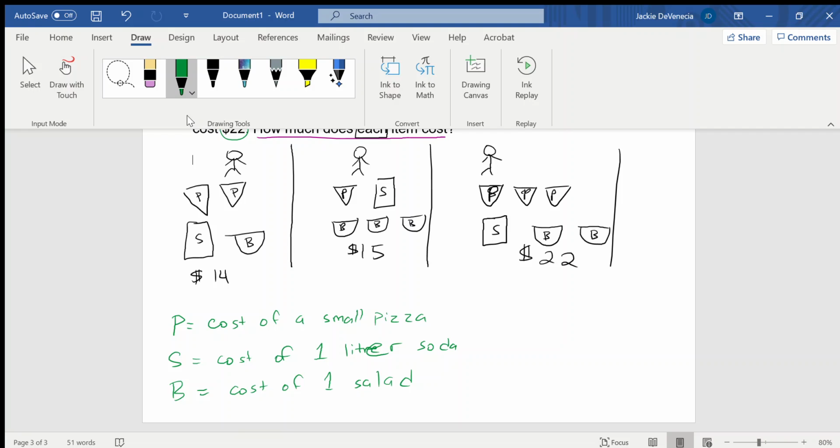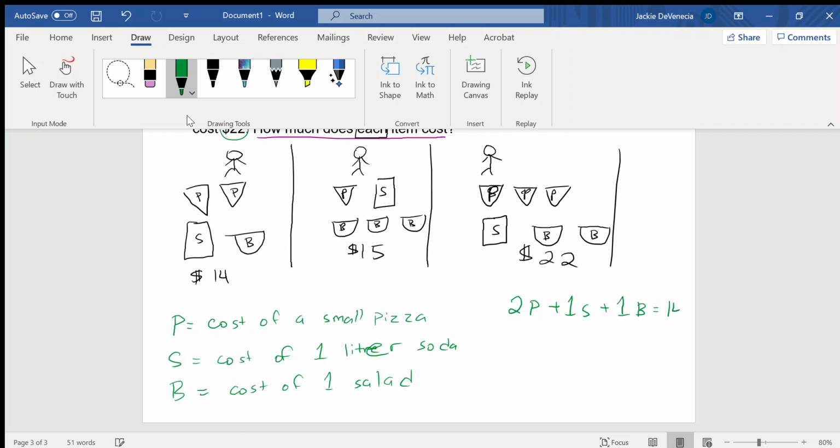So let's look at this one person, person number 1. They have 2 pizzas, so 2P, plus 1 soda liter, so 1S, plus a salad bowl, so 1B.